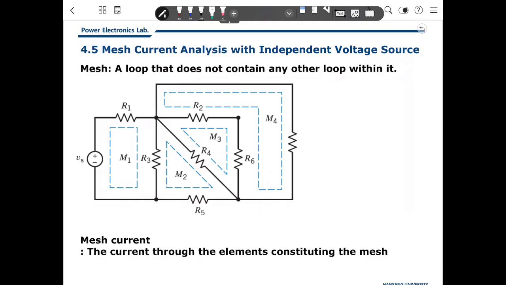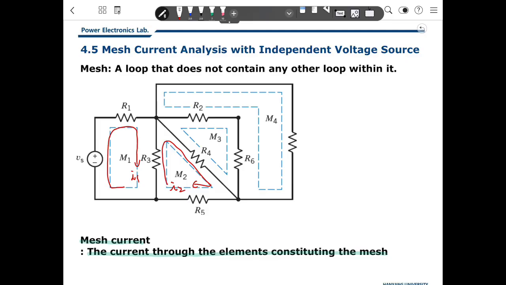Then, what is the mesh current? Mesh current means the current through the element constituting the mesh. So we can say that the mesh current we define is I1 this way, and that we define as I2 in this way. The important thing is, mesh current is not the same as the current flowing through a specific element.